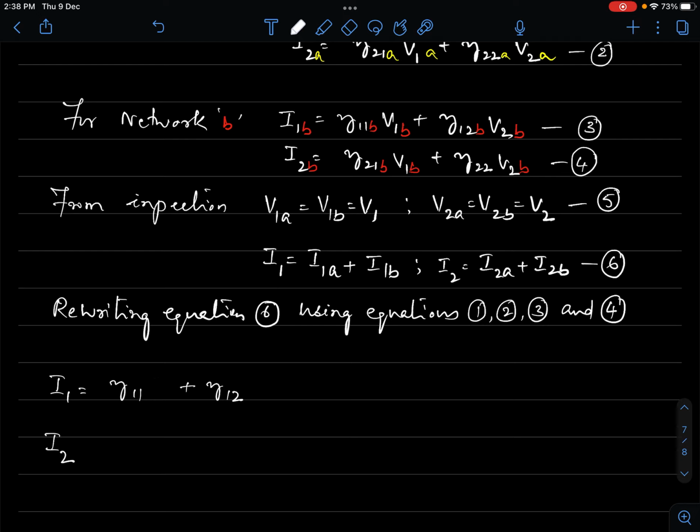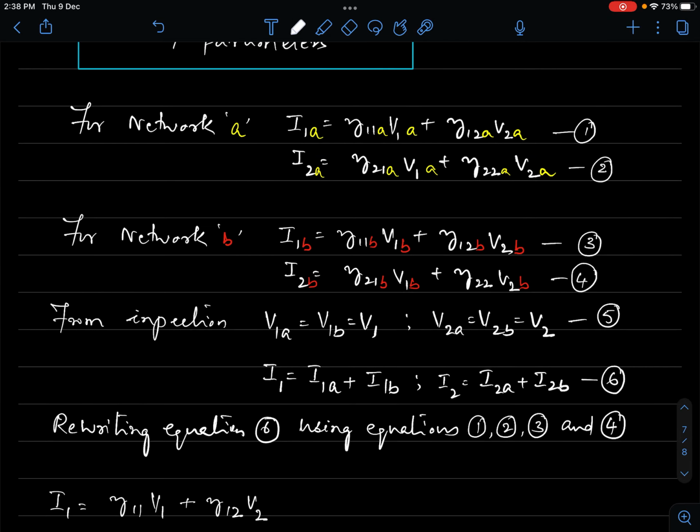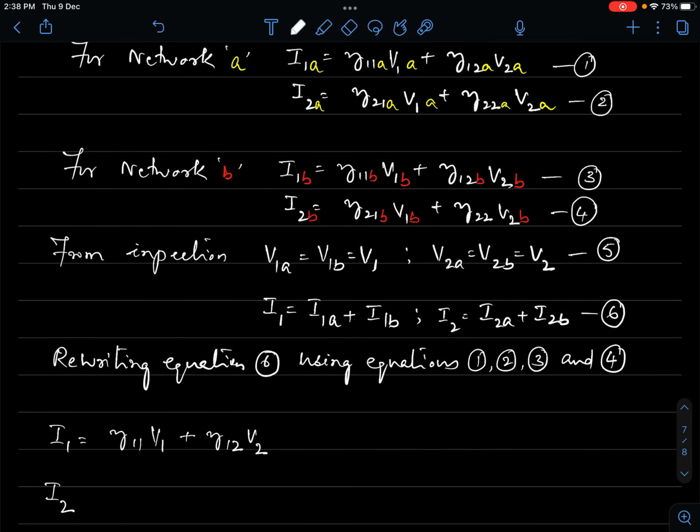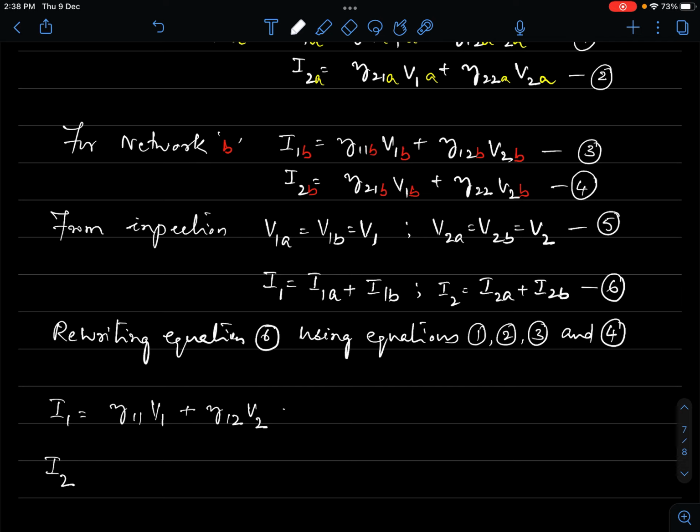This is for equation 1, for I1A, plus I1B. For I1B, I have to make use of equation 3.